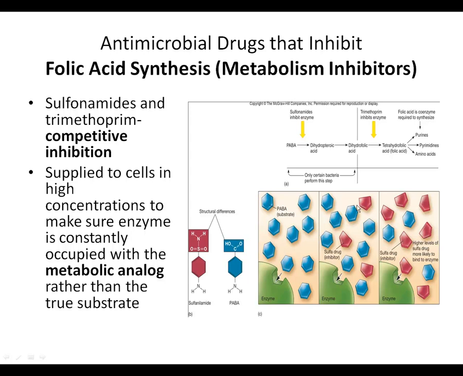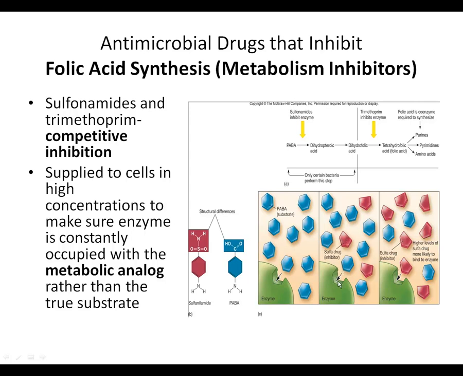If we have a sulfa drug like a sulfonamide or trimethoprim, these are going to inhibit this folic acid at some point here on the pathway. If we use a sulfa drug, we're going to basically stop it at the first step, because it inhibits the binding of the substrate completely.